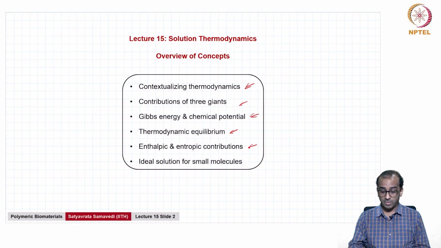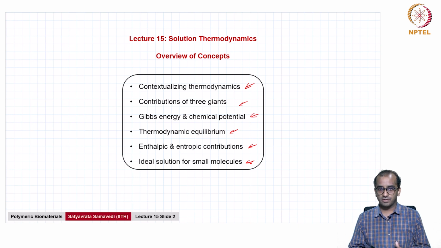And as you might be aware, it will have two different contributions, namely the enthalpic and the entropic contributions. And ultimately, we will develop the framework for the ideal case where we will look at ideal solution for small molecules.